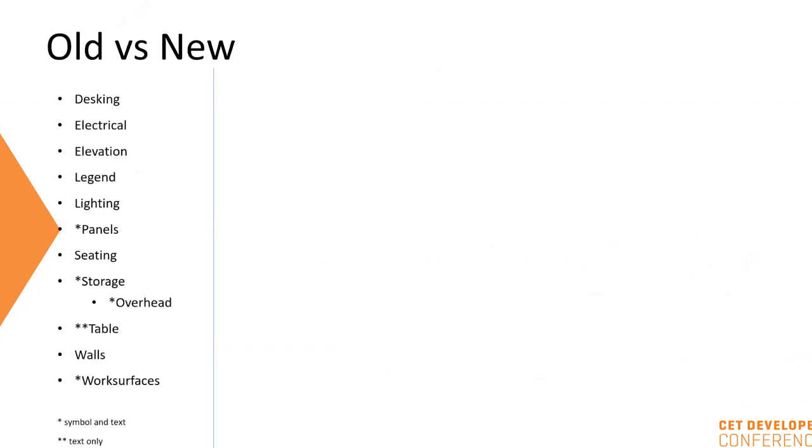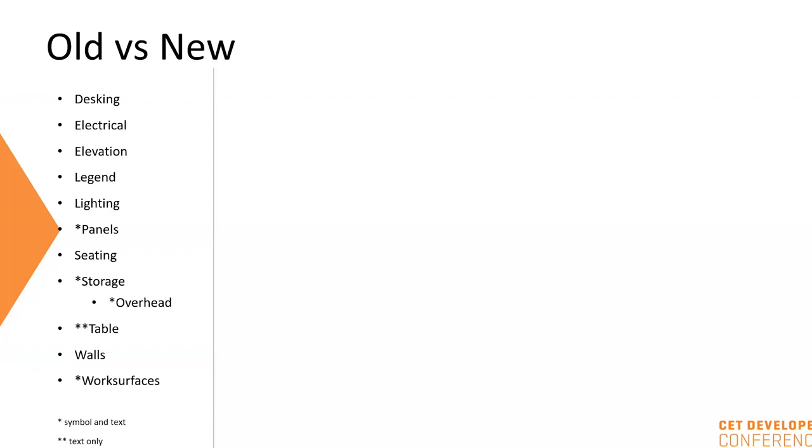So here on the left, we have the current categories. As you can see, they're pretty vague and generic, and they're also inconsistent. Some of them have storage and text as subcategories. That would just be panels, storage and overheads, and work surfaces.